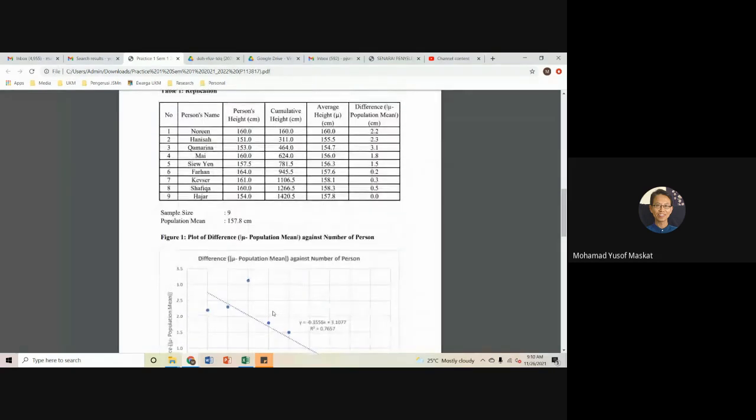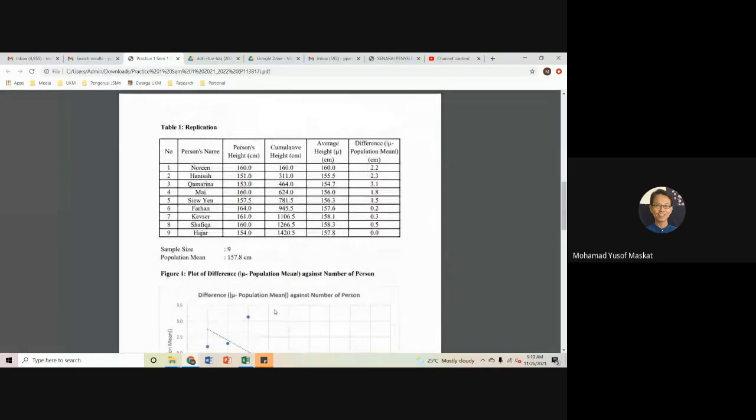How do I enlarge this? I hope all of you can see it clearly. For this one, you can see that the difference is 2.2 cm. So if you take at random one individual, it is not going to be exactly the same as the population mean.